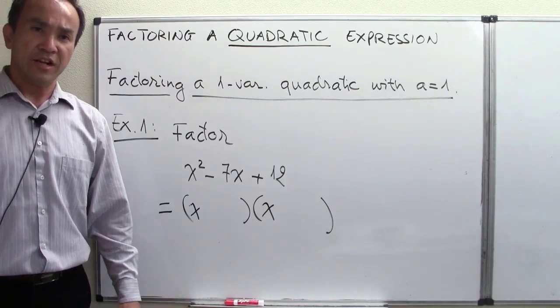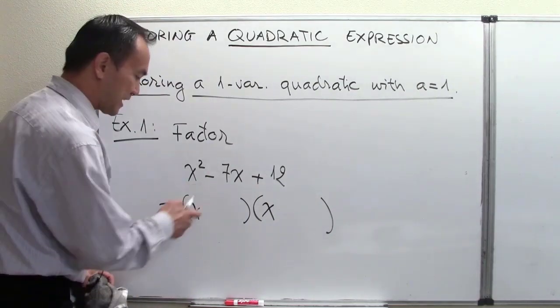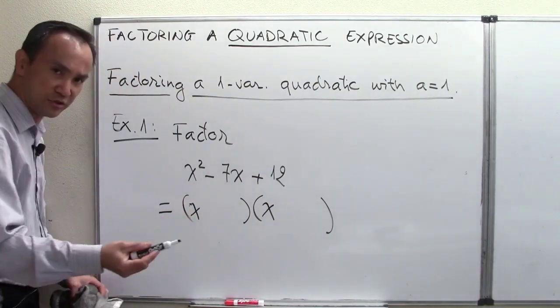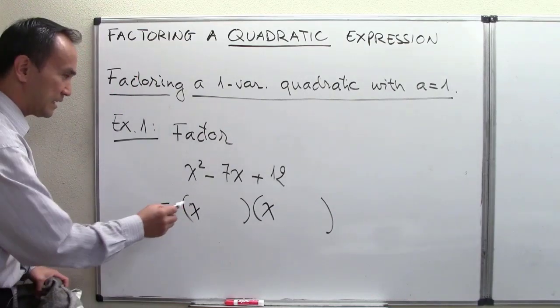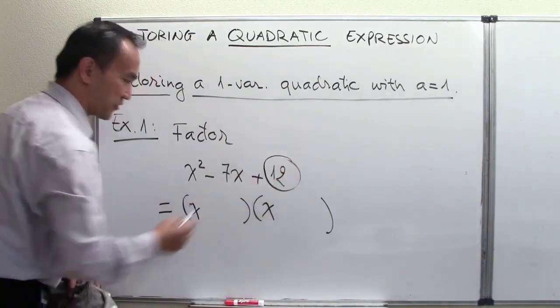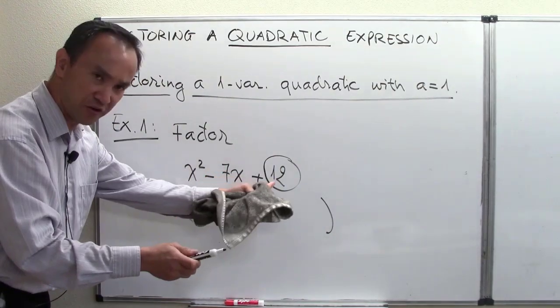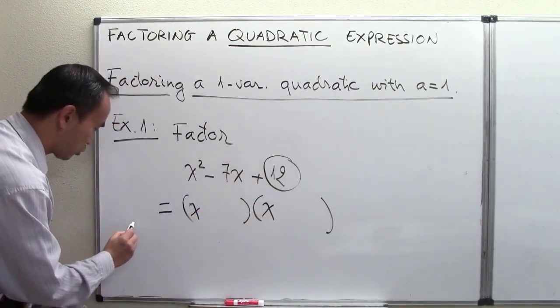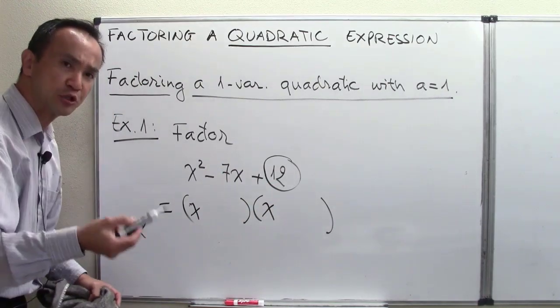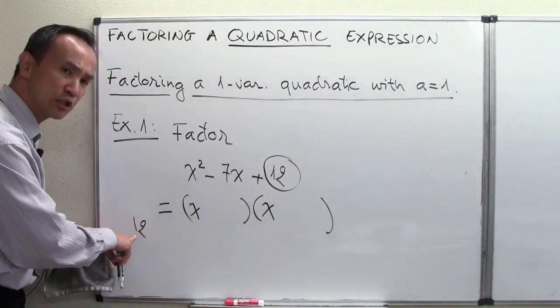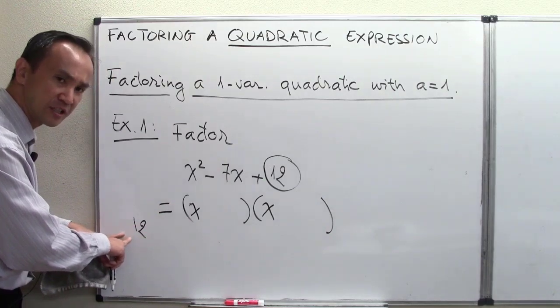Now the next step takes some scratch work. Think about the final coefficient, which in this problem is also a constant: 12. We want to think of two factors, including sign, of 12.